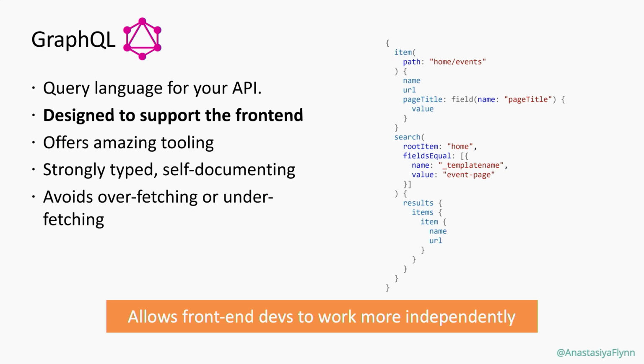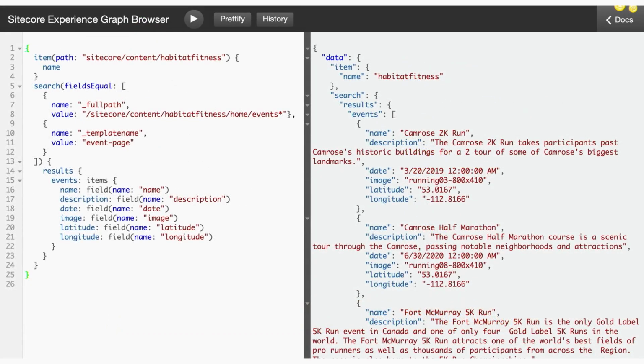They don't need to go and ask for back-end changes every time there's something changing in the design, because once the GraphQL is implemented on the back end, then you are totally in control of the query. You can ask for whatever you want. You're not overfetching or underfetching. I think I have an example in the next slide.